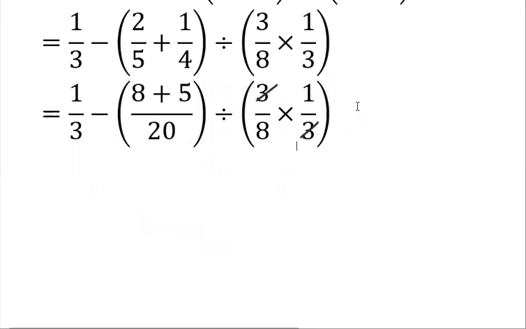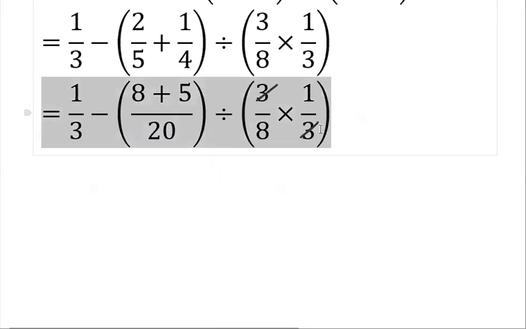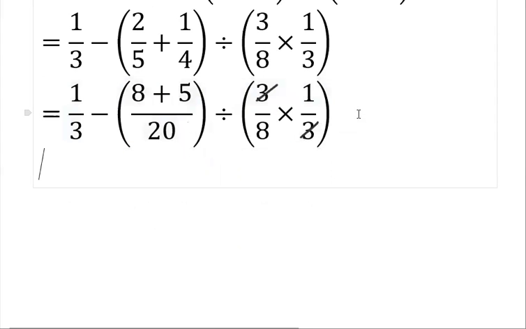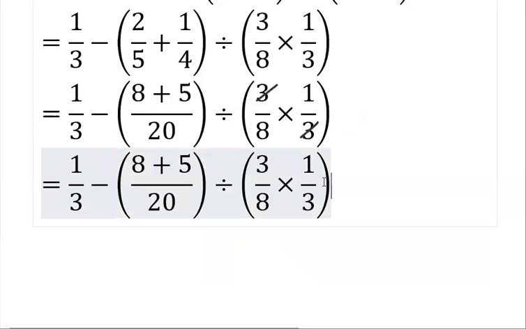So let's move to our next stage. Let's copy this as a template. Awesome. So 3 has gone up there, 3 has gone down, so we are left with 1/8 here.